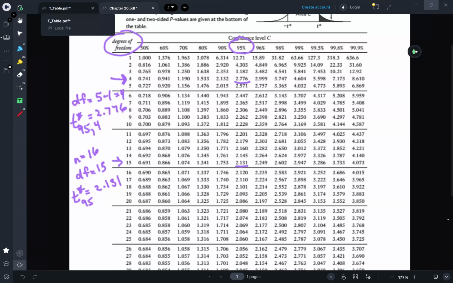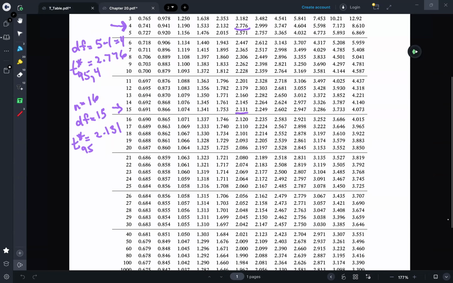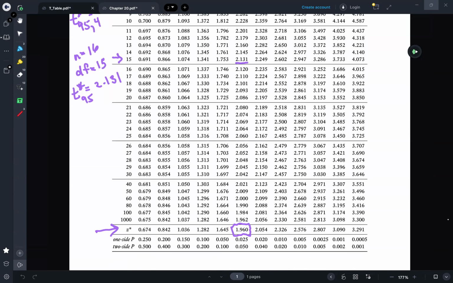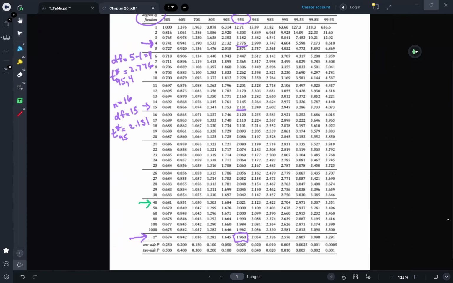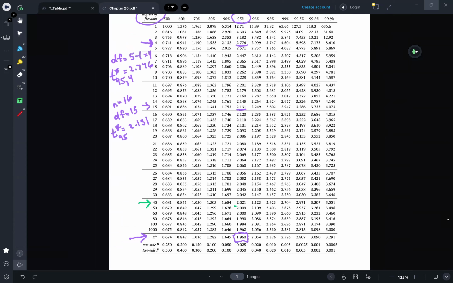Okay, so let's go over here. Now we don't have 41 degrees of freedom, but we have 40. So let's take 40. It's always best to round down on these things. And there's our value that corresponds to the 95%: 2.021, because it's in the 95% column.